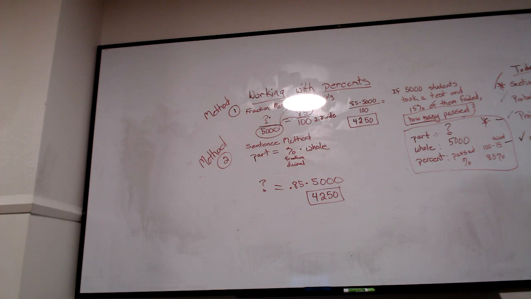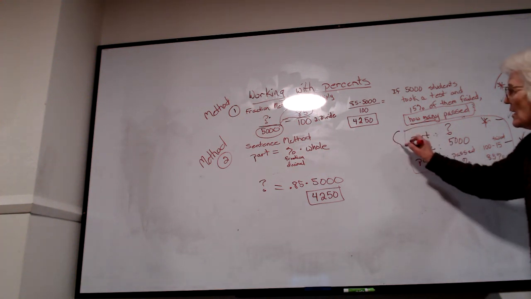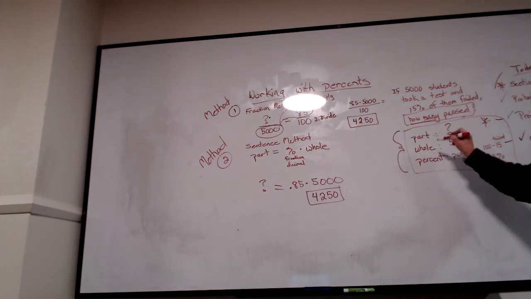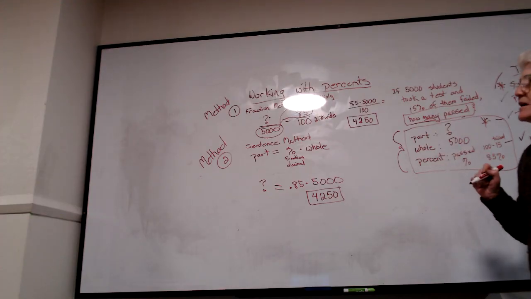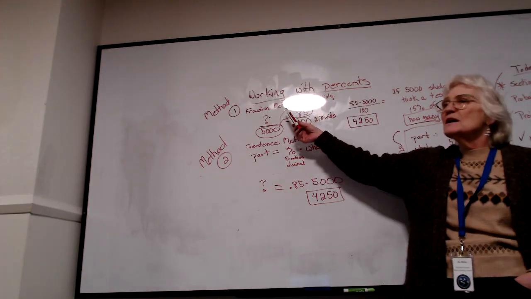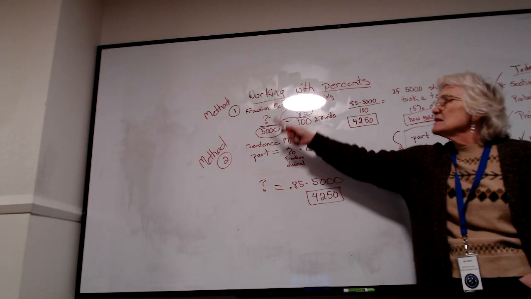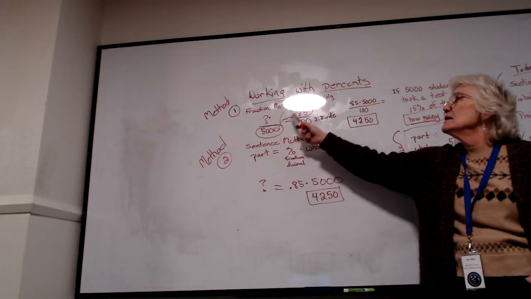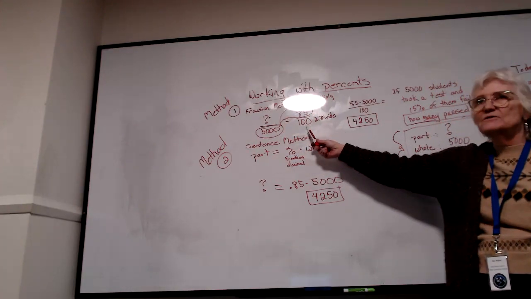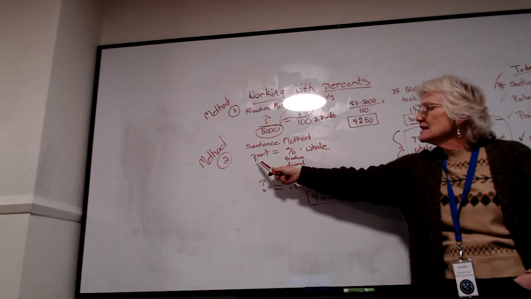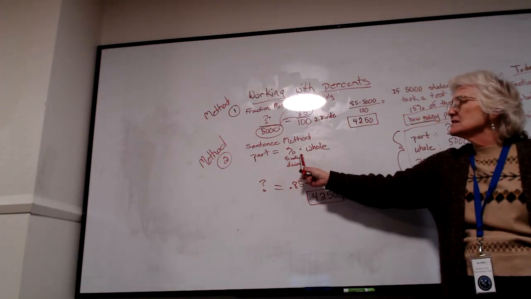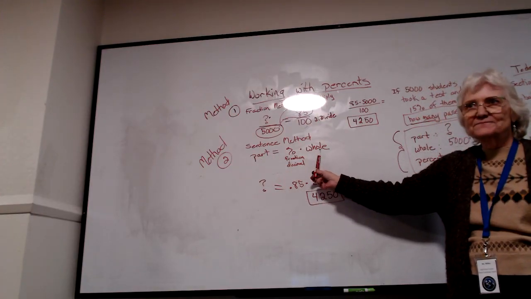Okay, so I'm going to require you to write the part, the whole, and the percent down. Then you can choose which method you want to do. It's part over whole equals percent over 100. Or it's the sentence, the part equals the percent times the whole.